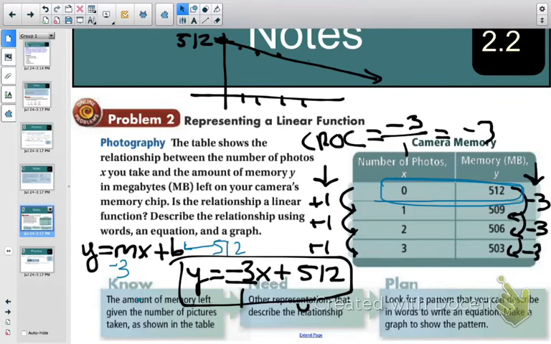This is memory, and this is photos. To describe that in words, you could just say that for each additional photo you take, the amount of memory you have in your camera goes down by 3 megabytes. So you've got your graph, your equation, and a description in words from the table. And this is a linear function because it has a constant rate of change.